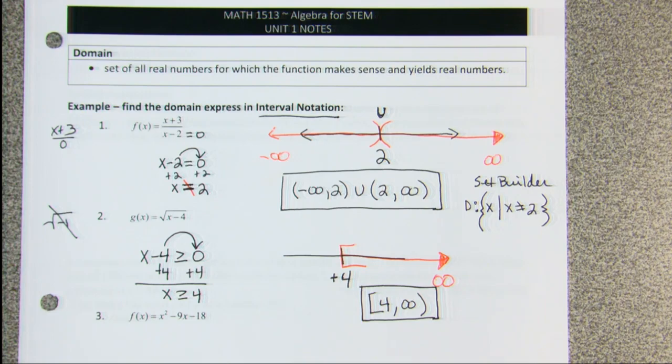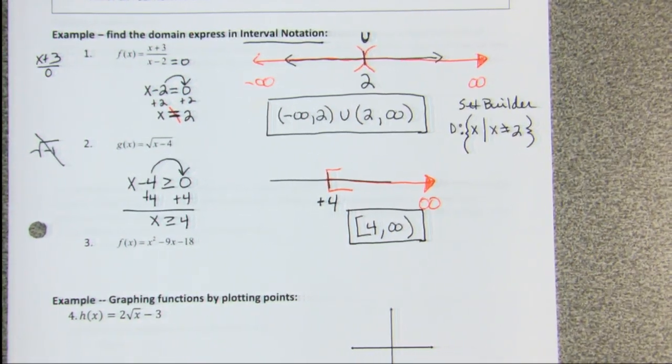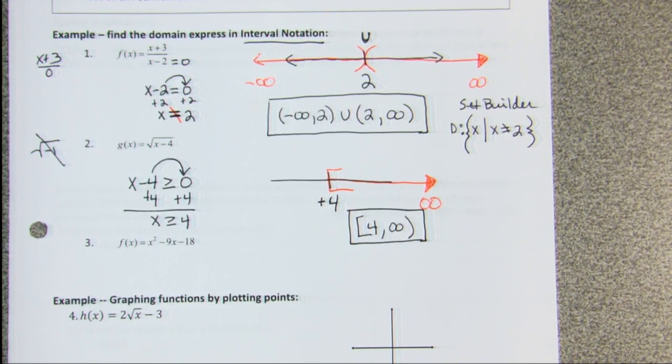Do you think there's a restriction in number 3? You could plug in a positive number, a negative number, and you're going to get a number, right? There's nothing that's going to make a denominator 0. It's not going to make it imaginary.